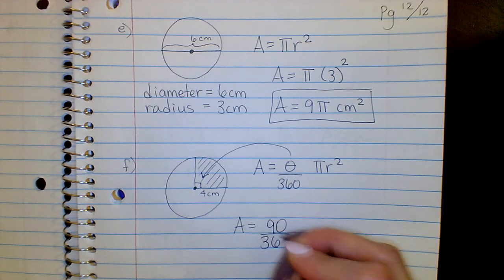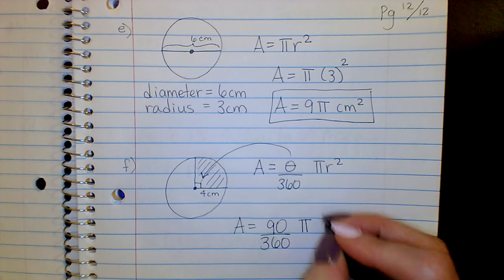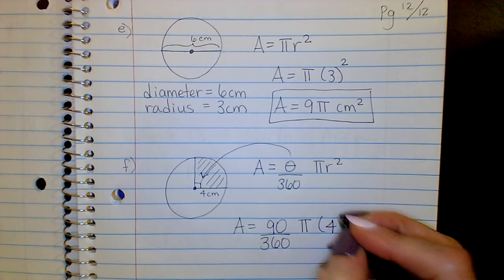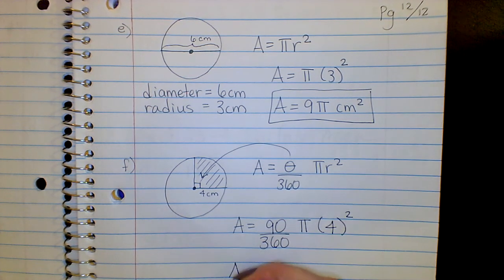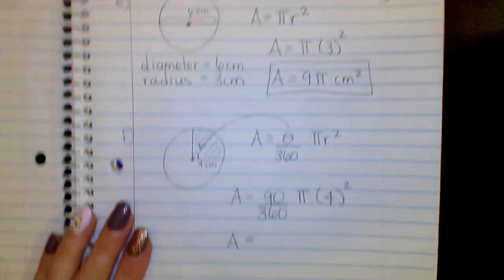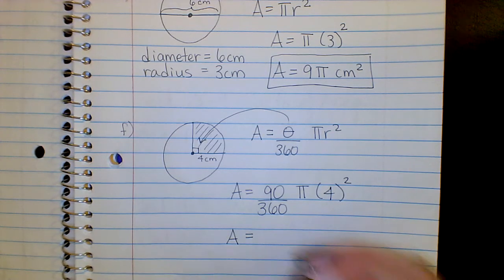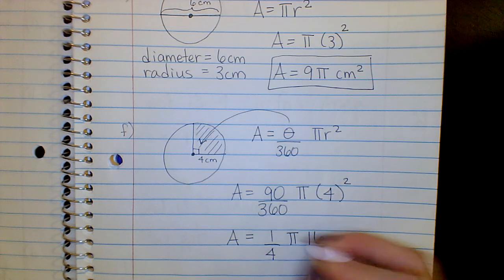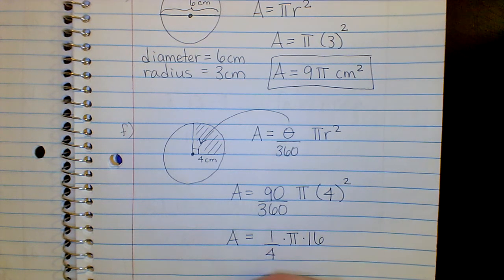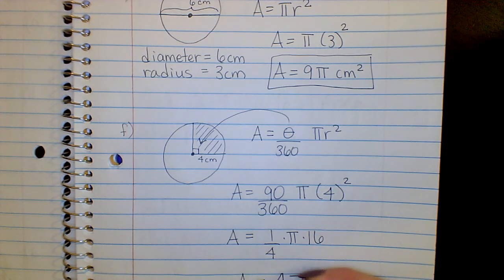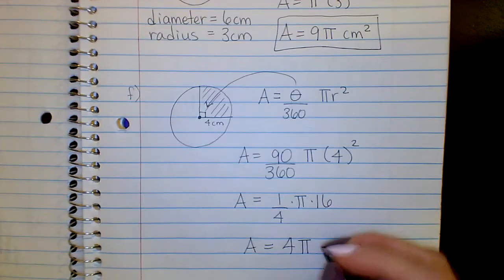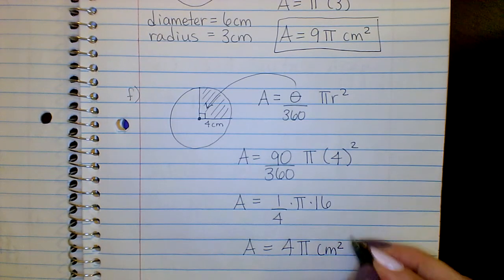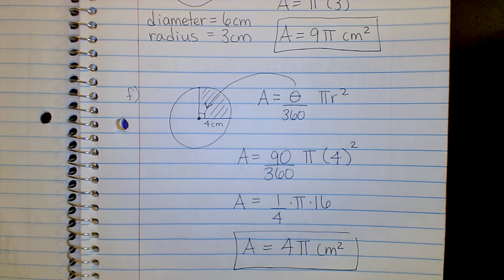So we got that 90 over 360 times pi. The radius is 4. So what is 90 over 360? It's 1/4 times pi times 16, which is just 4 pi square centimeters. I just happen to pick square centimeters for all this.